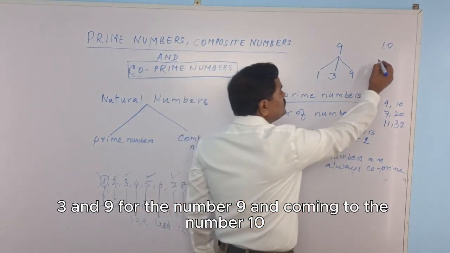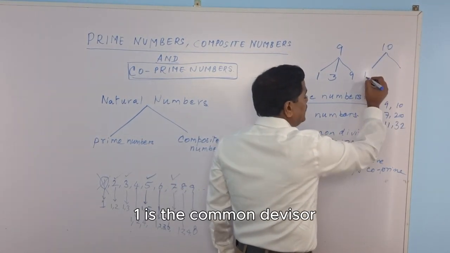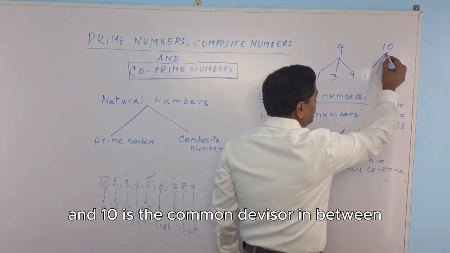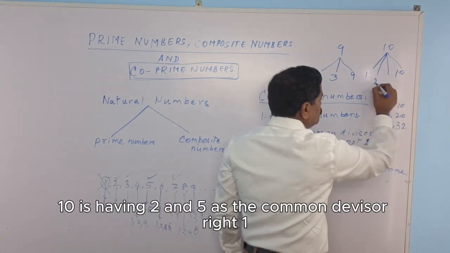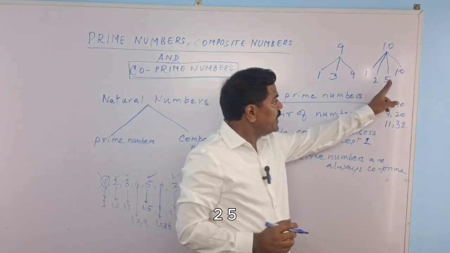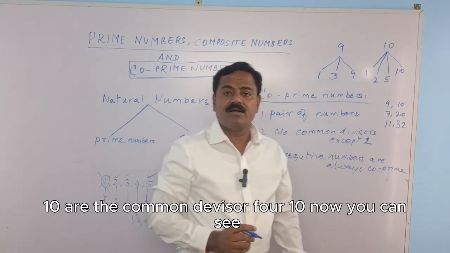And coming to the number 10, 1 and 10 are divisors, and in between, 10 has 2 and 5 as divisors. So 1, 2, 5, 10 are the divisors of 10.